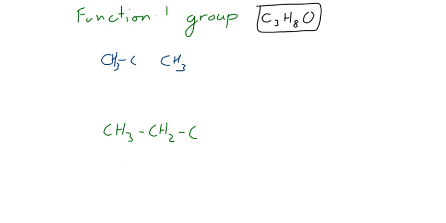So let's draw my first one in there, and I need to change this now as well, is going to be ketones. So my ketones and aldehydes are two very good examples of functional groups that are isomers.